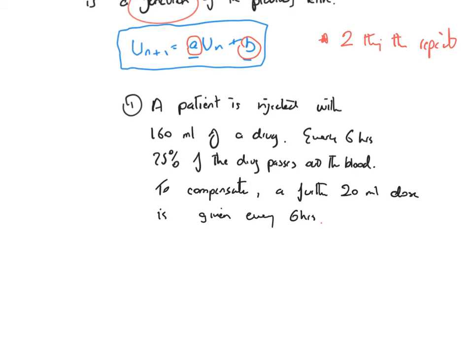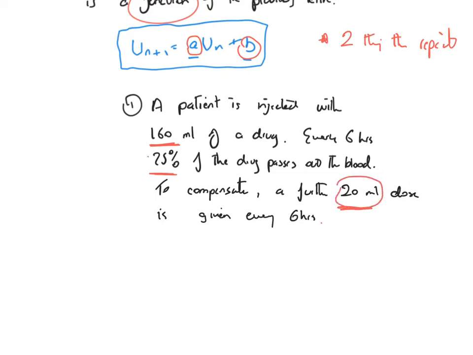If you look at this question, a patient is injected with 160 millilitres of a drug. Now, at no point after that is the patient ever given 160 millilitres of a drug, so that is not something that repeats.